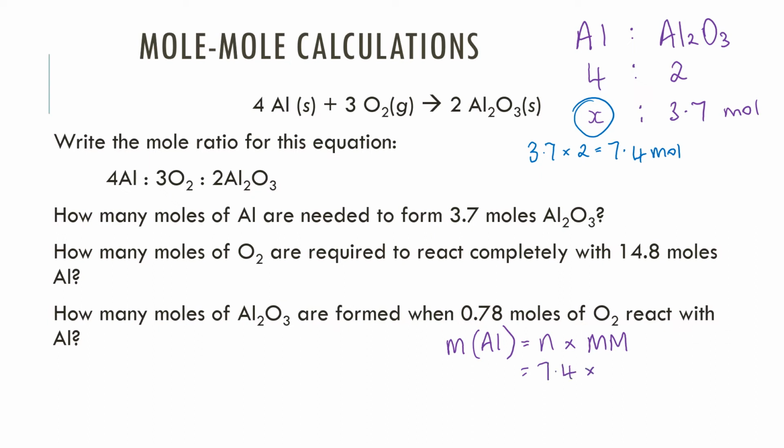The molar mass of aluminium from the periodic table is 26.98. Multiply that together and it comes to 199.6 grams of aluminium, but thinking about our significant figures, we can write this as 1.9 times 10 to the 2 grams of aluminium required.